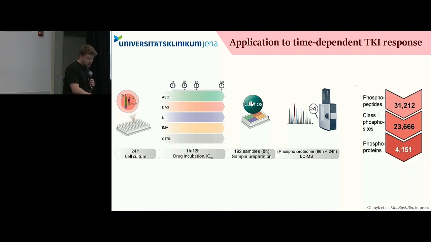And we were able to reproducibly, across all conditions, identify more than 20,000 class 1 phosphosites just from a couple of million cells to start with, but with 16 different conditions.